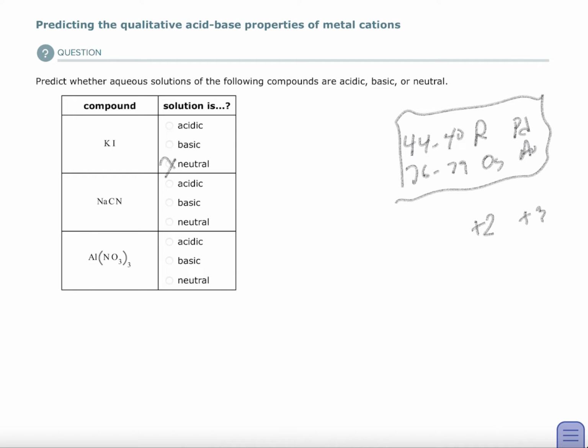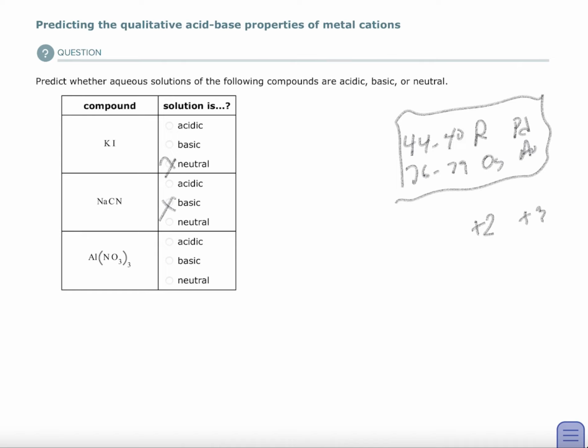So the cyanide, you have to ask yourself, what is cyanide? Well, the cyanide, if you were to put HCN, that is a weak acid. And if that is a weak acid, then that means that the cyanide itself is going to be a slight base. So I would write this as basic. Okay, if HCN is slightly acidic, then NaCN would be slightly basic.